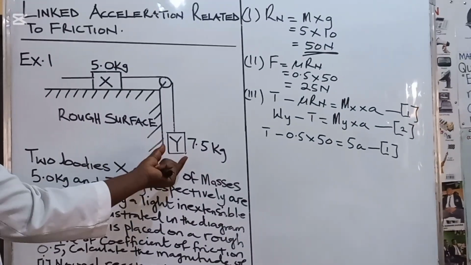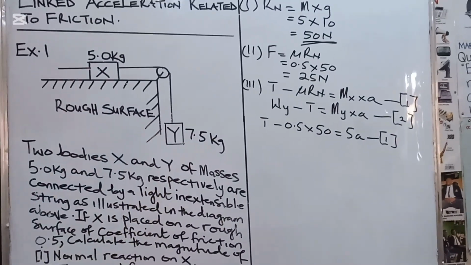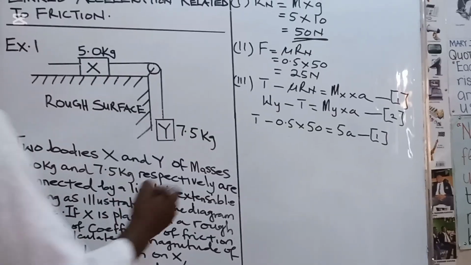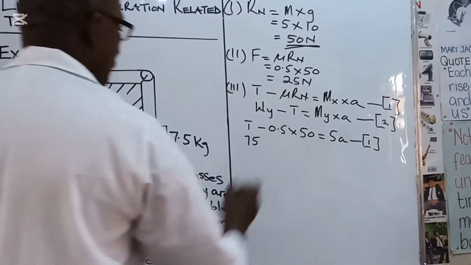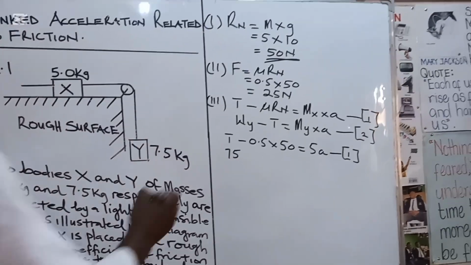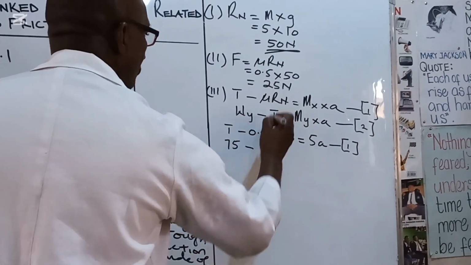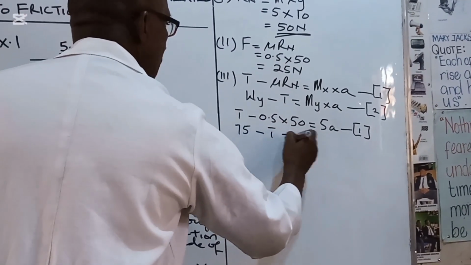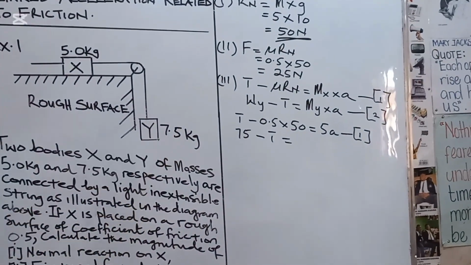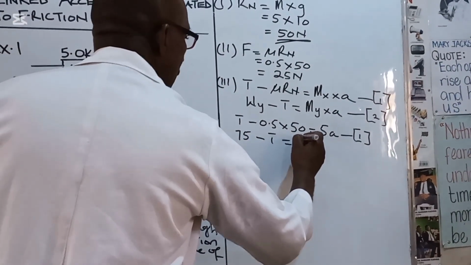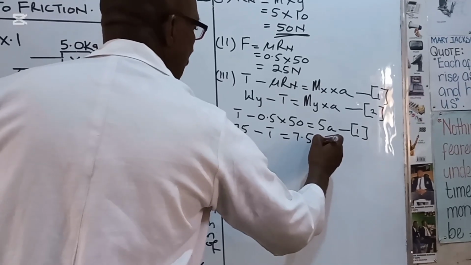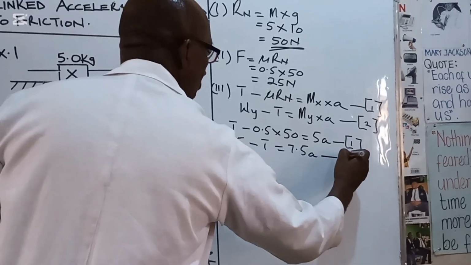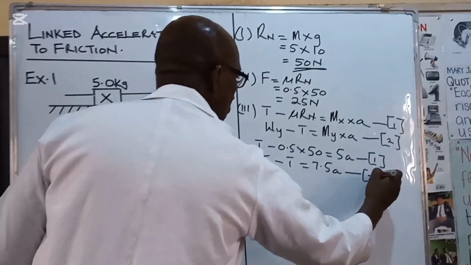Now, the weight of the 7.5 kg will be what? 75 Newton. All right? Minus our tension T is equal to the mass of this 7.5 kg, which is 7.5A, right? Call this one equation number 2.